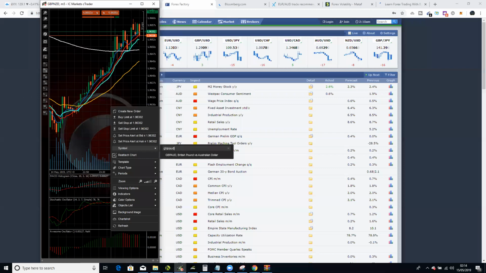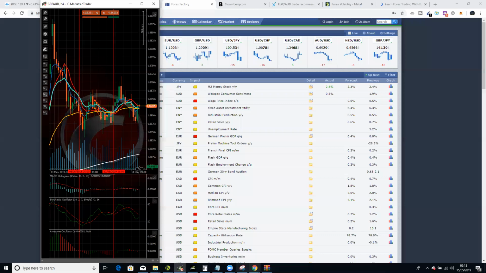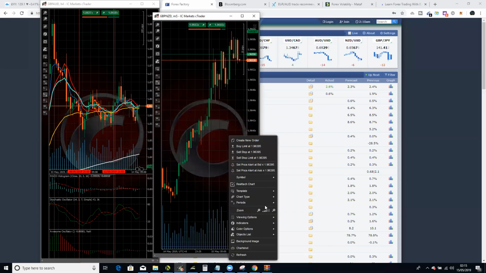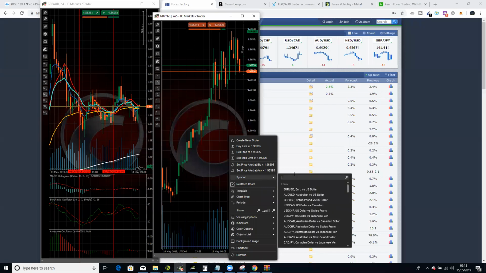So that's pound Aussie. Then I want to look at Euro Aussie too. I'll look into Euro Aussie. And then Aussie against the dollar might be a good mover to Euro Aussie.